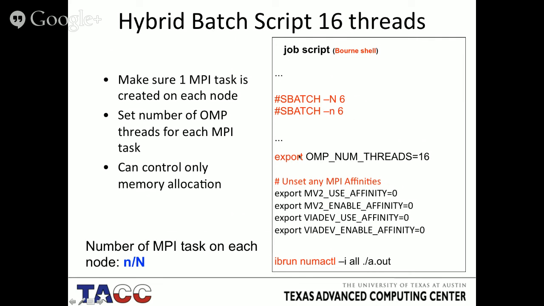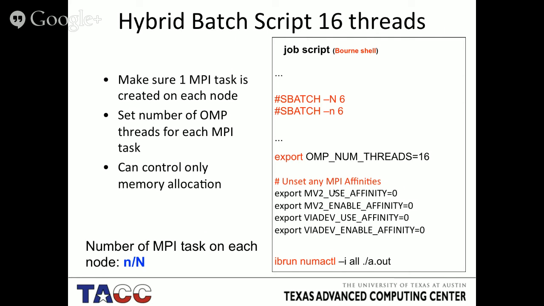And then inside your script, you mentioned that, oh, I want 16 threads on each a.out that's run. Then down here, you turn off all the different possibilities of MPI doing its own thing with affinity. Remember, I said inside the code, you have an API and you can set affinity there.